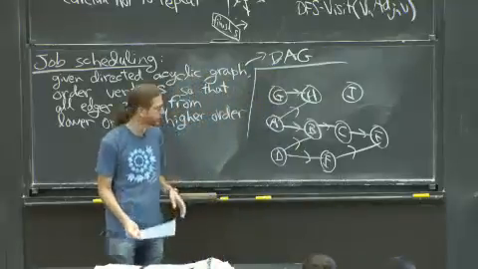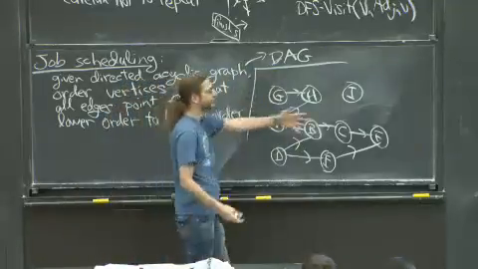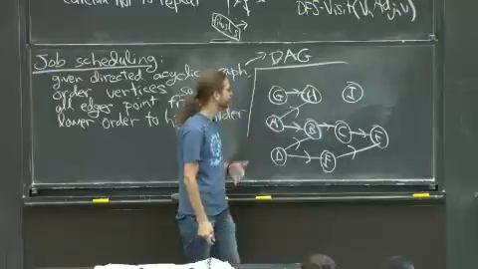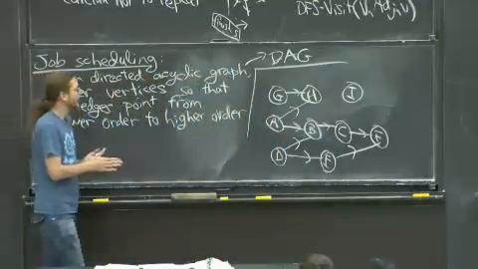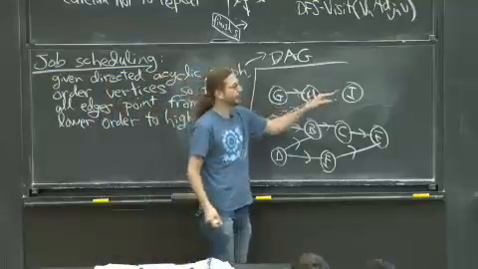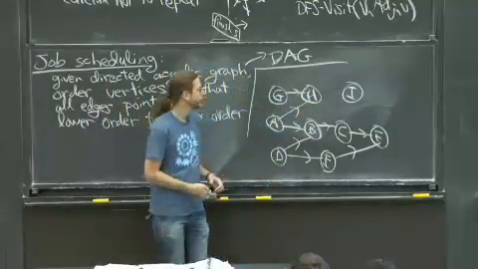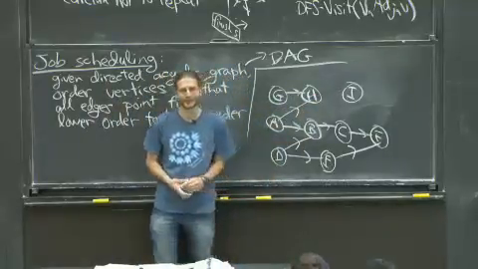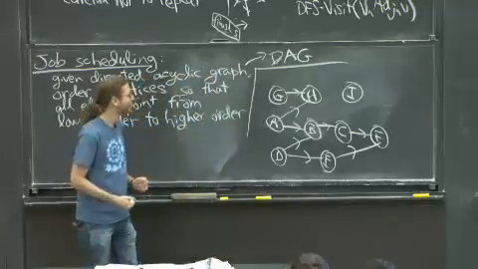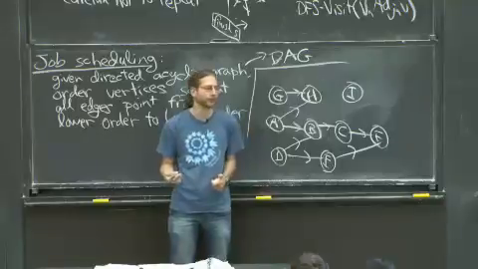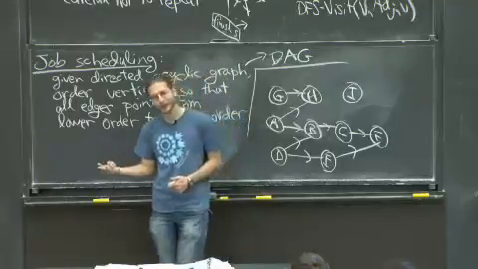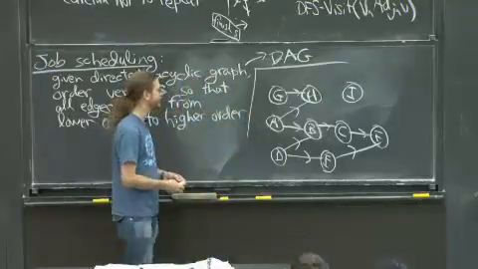OK, I've drawn the graph so all the edges go left to right, so you can see that there's no cycles here. But generally, you'd run DFS, and you detect there's no cycles. And now imagine these vertices represent things you need to do. The textbook has a funny example where you're getting dressed. So you have these constraints that say, well, I've got to put my socks on before I put my shoes on. And then I've got to put my underwear on before I put my pants on, and all these kinds of things.